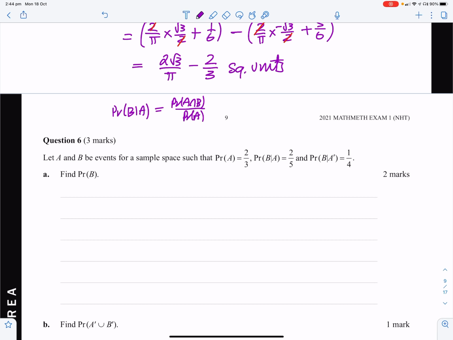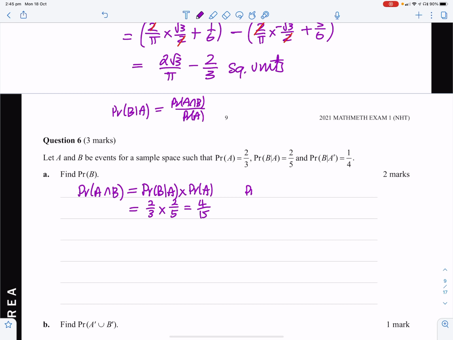So we can say the probability of A intersects B is the probability of B given A times the probability of A, which is 2/3 times 2/5, which is 4 over 15.